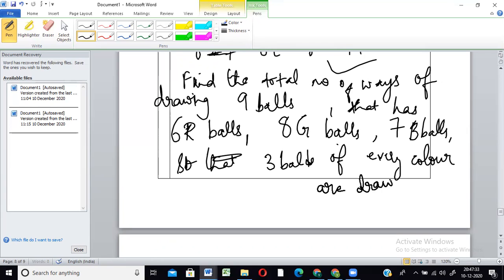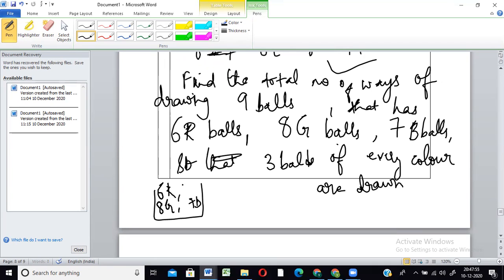So what do you have to do in this problem? Here, as I said, drawing means selection. So we have to select. How many balls in total? In total, we have to select 9 balls from a bag. There is a big bag, and in that bag 6 red balls are there, 8 green balls are there, 7 blue balls are there.